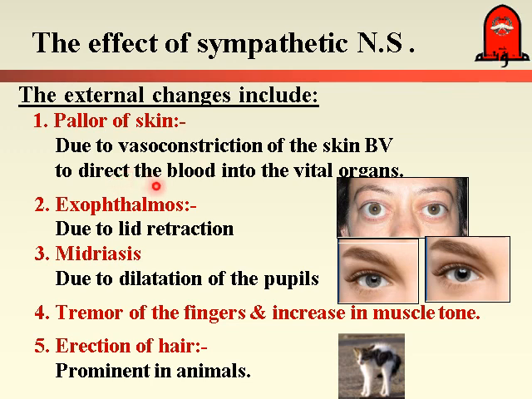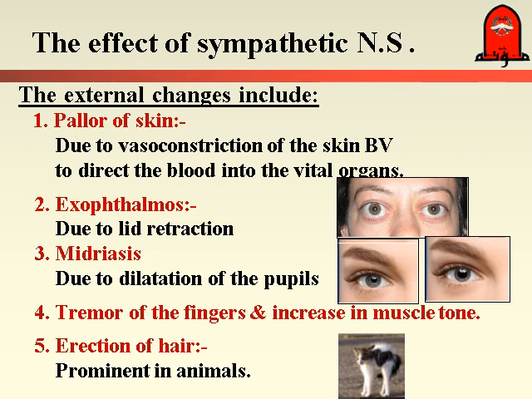Because the blood should be directed into the vital organs to fight this stressful condition. This is not always the case, because sometimes excessive stimulation of the sympathetic nervous system will produce release of adrenaline and noradrenaline inside the body, and this might lead to flushing of the skin rather than pallor.